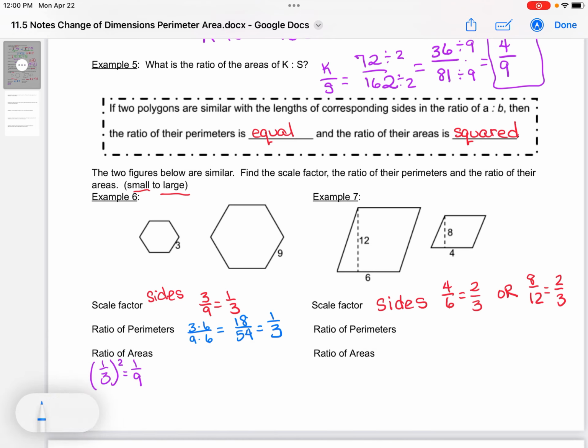So the perimeters are also going to be 2/3. I can't remember if we did all the math to find the perimeter and the scale factor. I'm not sure what your teacher's going to do. I'm going to look it up. Okay, so the ratio of the perimeter should be the same.